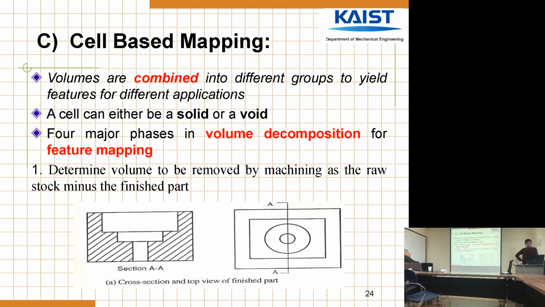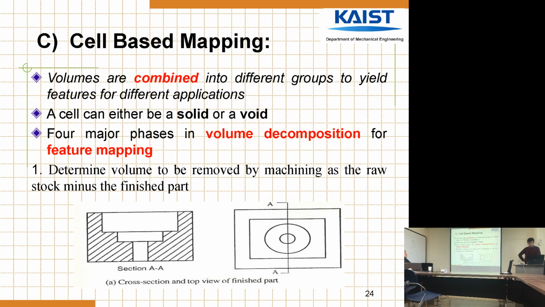So first we make the cells. A cell can either be a solid or a void. So there are different methods for making the cells, but all of those methods have these 4 steps. First step is to determine the volume to be removed by machining, as the raw stock minus the finished part.